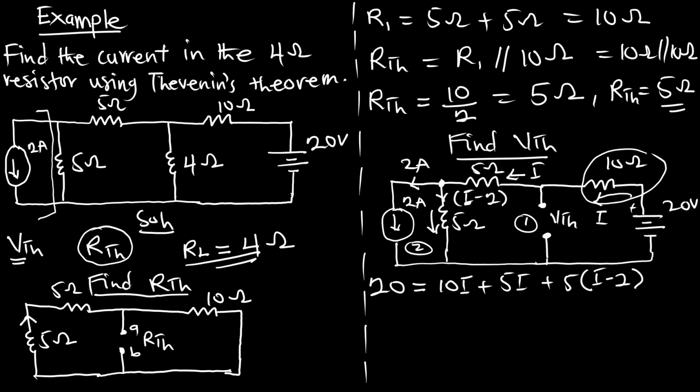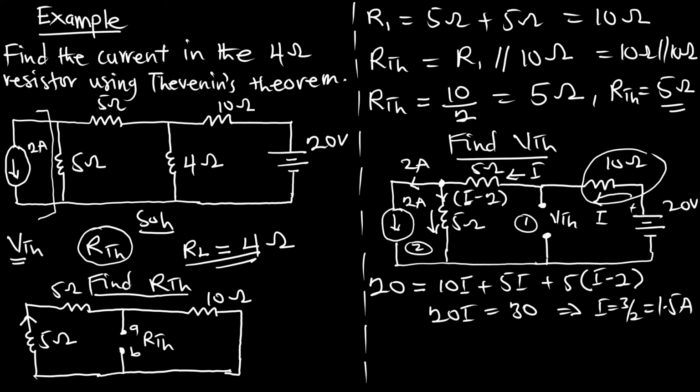And when you simplify this, you are going to get 20I equal to 30. This means that our I should be 3 on 2, and that is 1.5 amperes from loop 1.